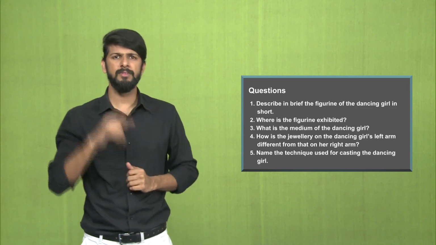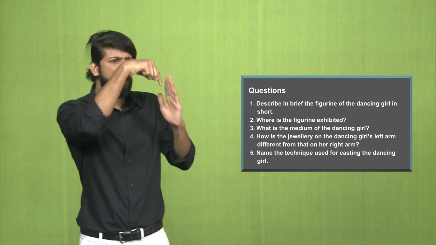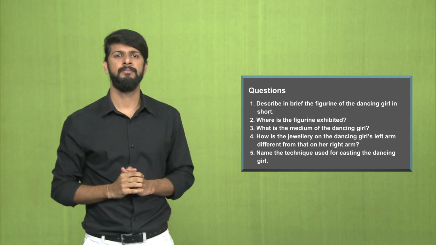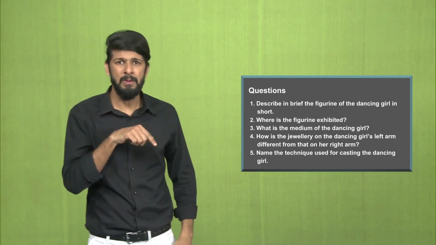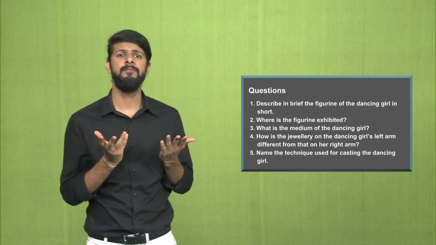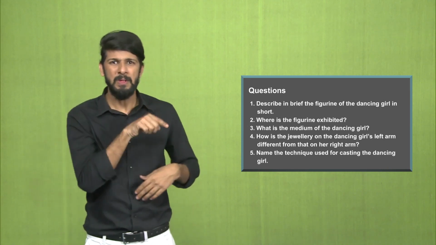Questions related to the dancing girl sculpture. Question number 1. Describe in brief the figurine of the dancing girl. Question number 2. Where is the figurine exhibited? Question number 3.